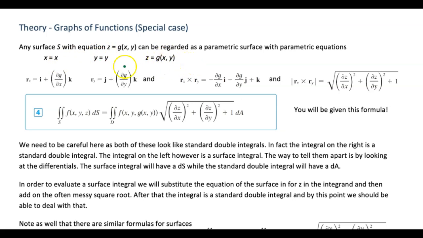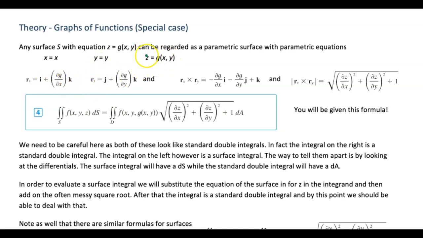And if this is true, when I want to find the partial derivative of this surface with respect to x, then for my i component, I'm looking at the derivative of x with respect to x, which I know is just 1. The derivative of y with respect to x, well, this is just a constant in this case, and so that's going to be 0, so this is plus 0j.